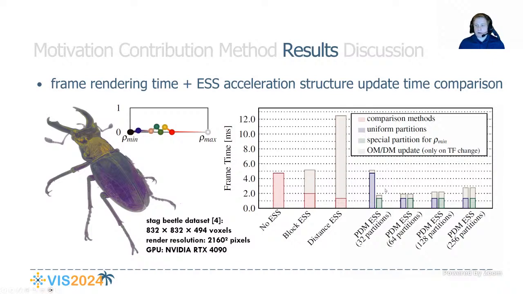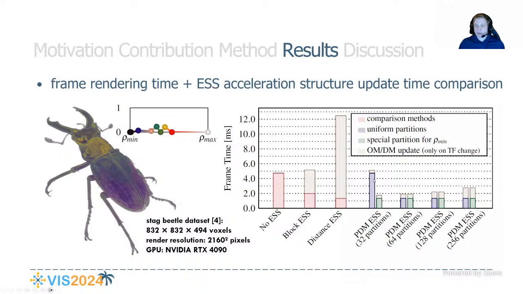And here you can also see this case where we have a performance degradation for the uniform partitioning case, but if we introduce the special partition for row min, then we get comparable frame rendering times to the original method. The yellowish bar here are the timings for the ESS acceleration structure update, and we can see that this is in the original method really a bottleneck.